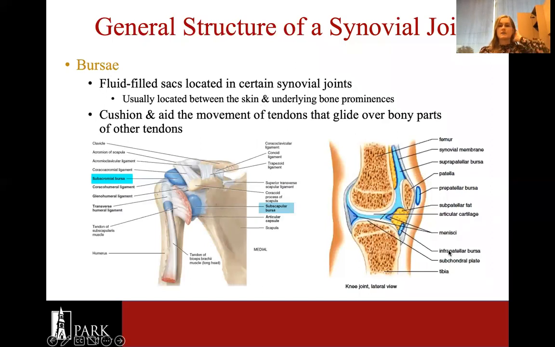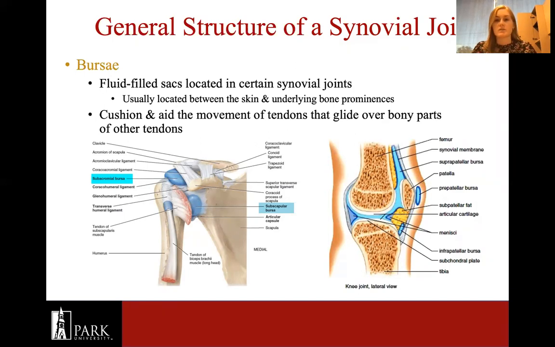We also have something called bursa. You may be semi-familiar with this if you've ever been diagnosed with bursitis, but your bursa are fluid-filled sacs that are located in certain synovial membranes.